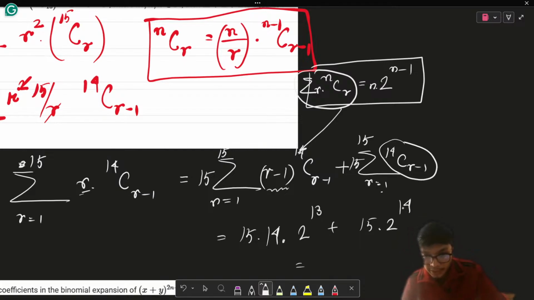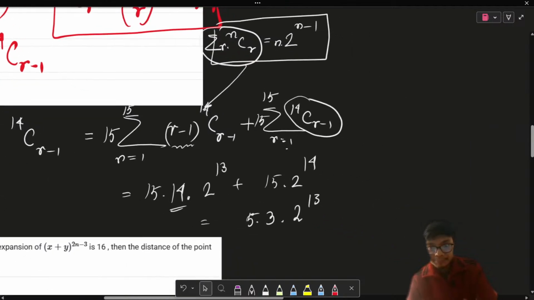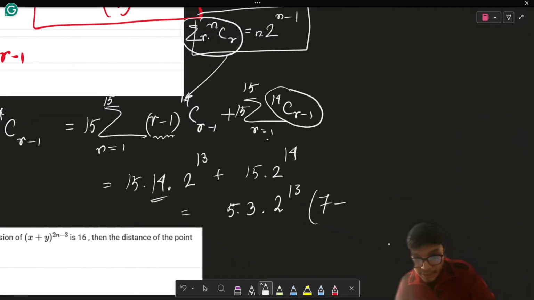So we'll have this 2 to the power 14, and if I combine the summation, I can take 15 common, and 15 can be written as 5 into 3, and then 14 can be written as 2 into 7, right? So 2 to the power 13 will be taken common over here, and then we'll have 7 plus 1.